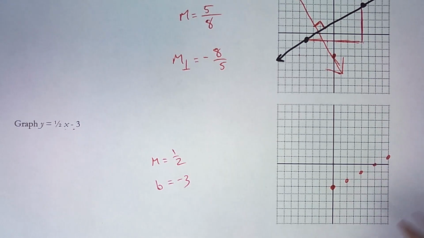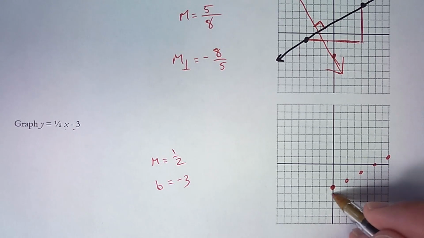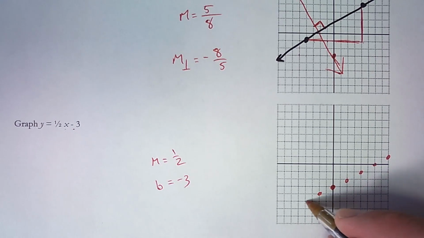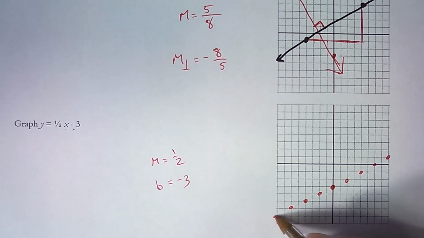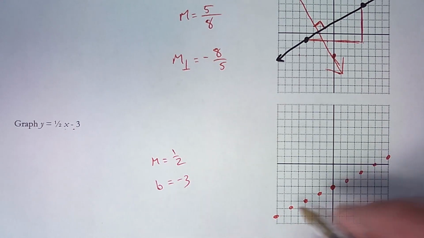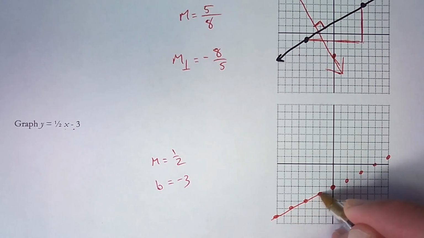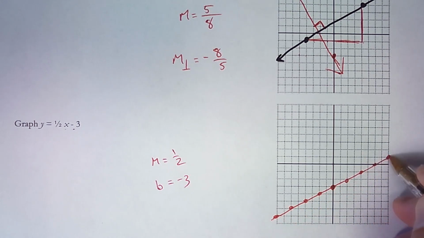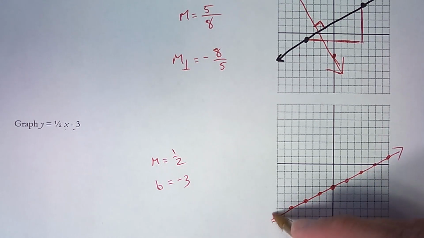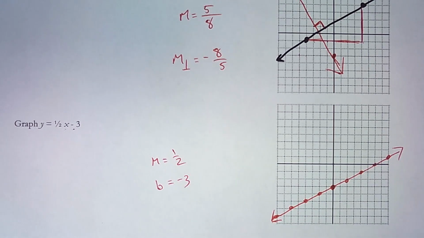So there's up 1 and right 2 as many times as I can. Now down and left as many times as I can. Down 1, left 2. Okay, graphing as many points as I can helps me keep my slope all the way through the graph. And then on both ends, I need arrows to show that it goes forever in both directions.